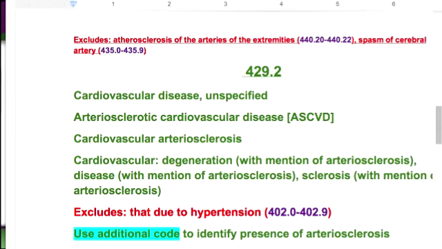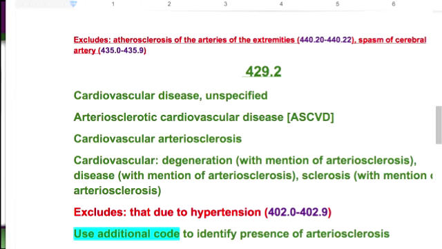So 429.2, this often is confused with PVD, but it is actually different. It's cardiovascular disease unspecified, or, and you'll see these acronyms a lot, ASCVD, atherosclerotic cardiovascular disease. Okay, that is different than peripheral vascular disease, because peripheral is exactly what it sounds like.